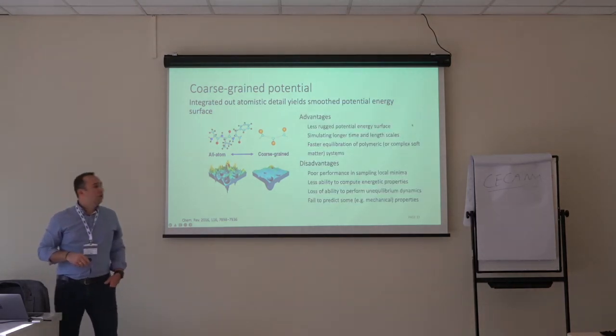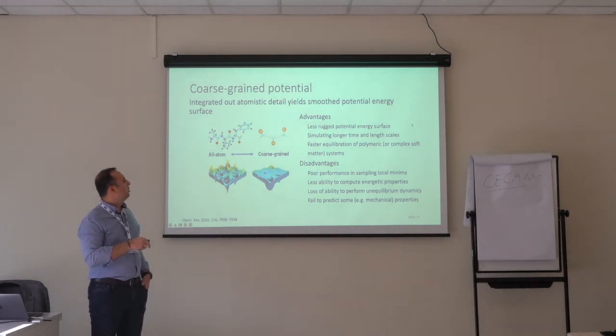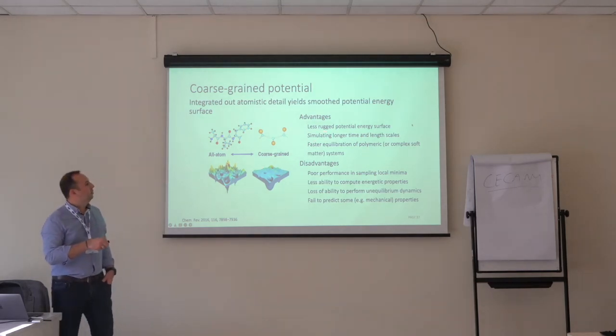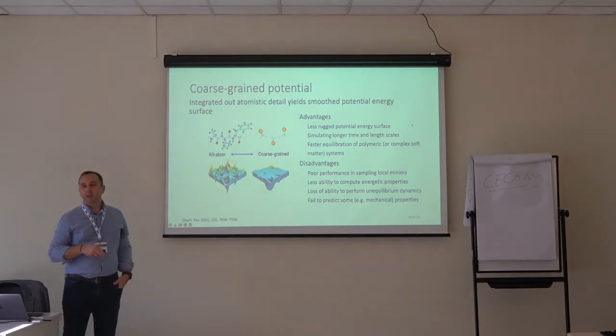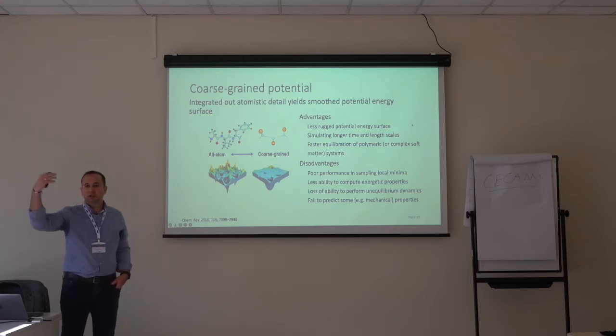The advantages of coarse-grain simulations are, as I already told you, a less rugged potential energy surface. That means you can overcome these barriers quite fast and end up simulating longer time and length scales. Why? Because you don't need to visit all kinds of local energy minima; instead you have fewer energy minima, so you can run longer simulations.